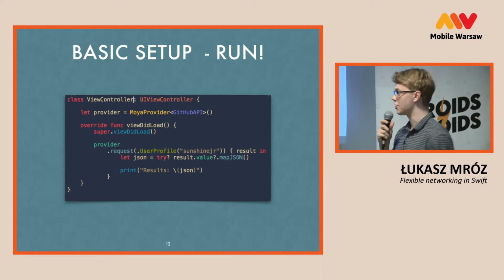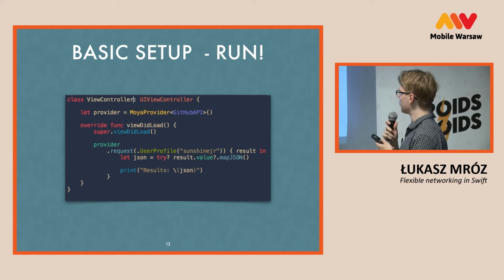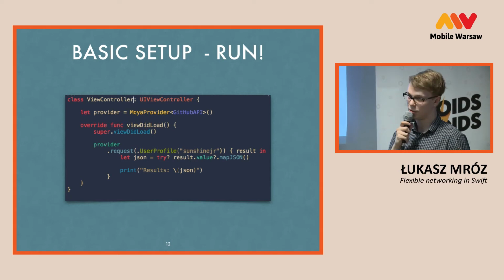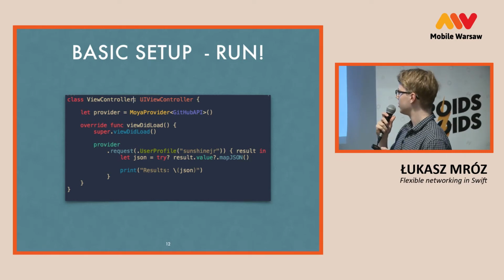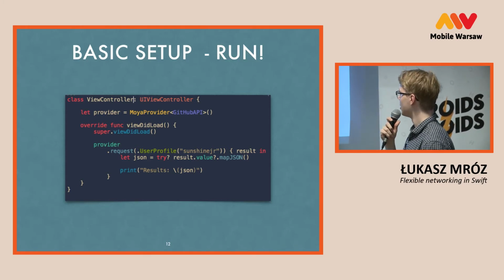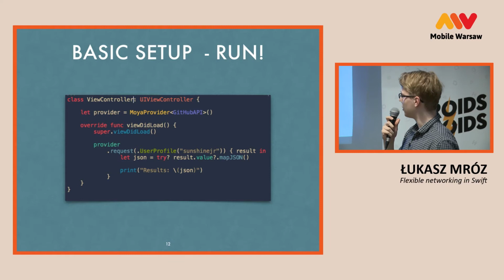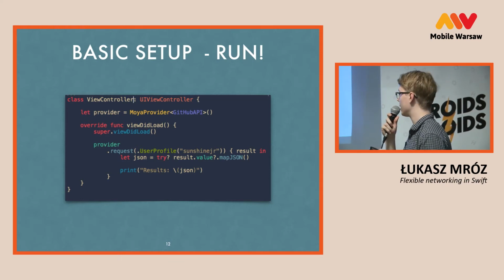The pure configuration was done before. We just have to know which endpoint you have to call. This is pretty easy. And in result, you can see that I am mapping the JSON already, parsing the JSON already. So I am printing myself what JSON did I get.